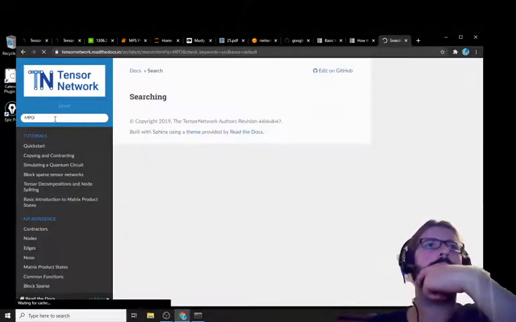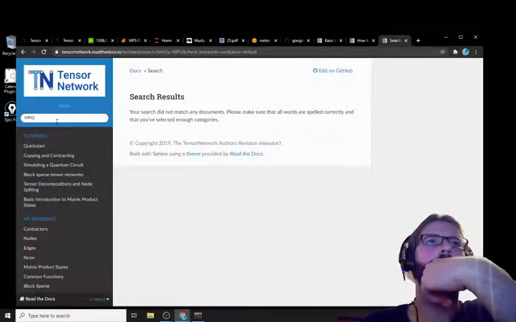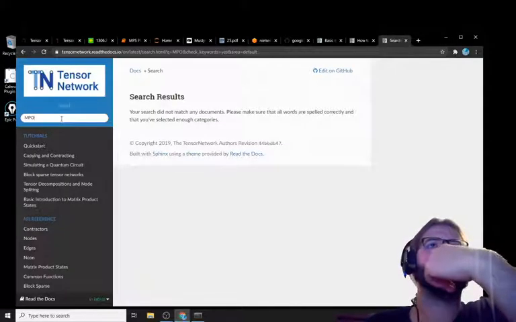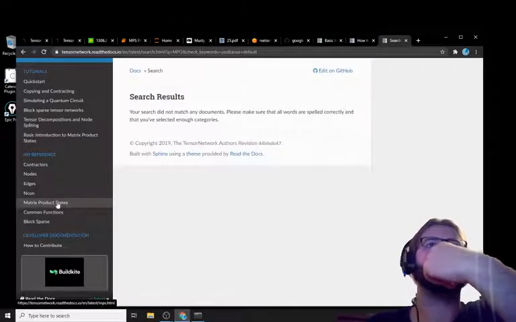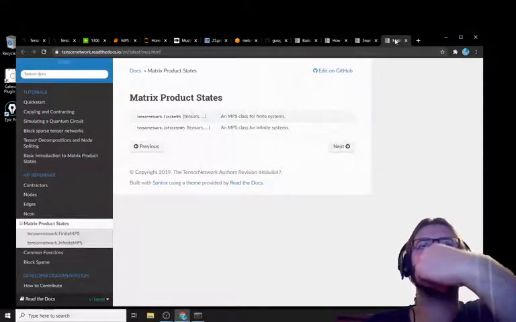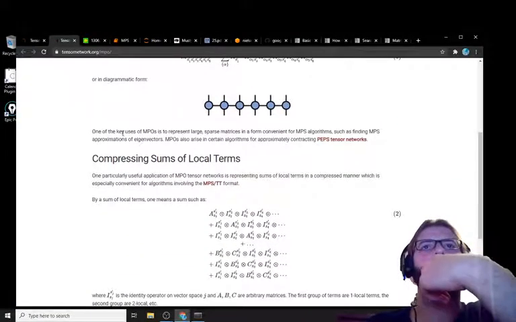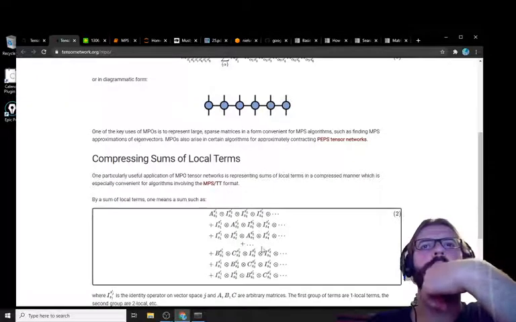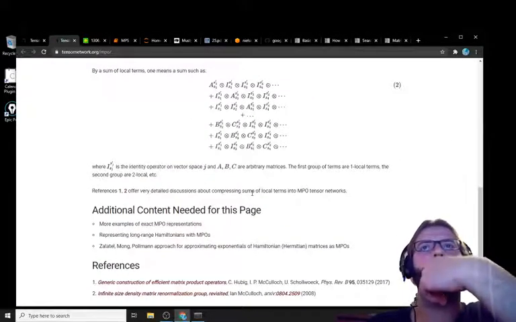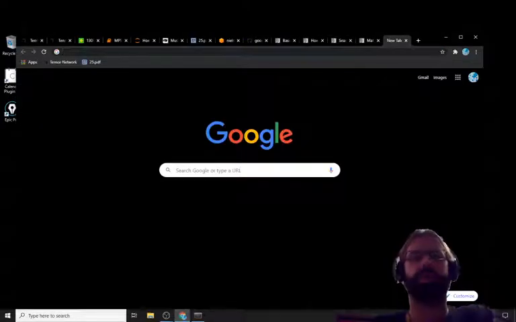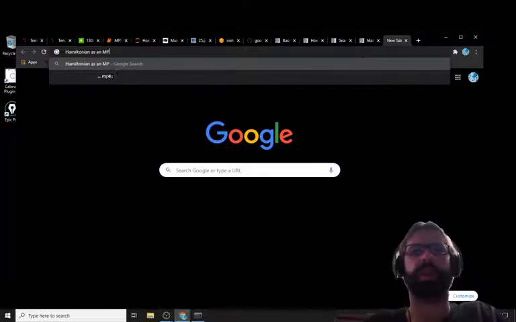Can I get that? That doesn't even appear here, but I think that if I do matrix product states, I would kind of have to now. So as an MPO, how do I?